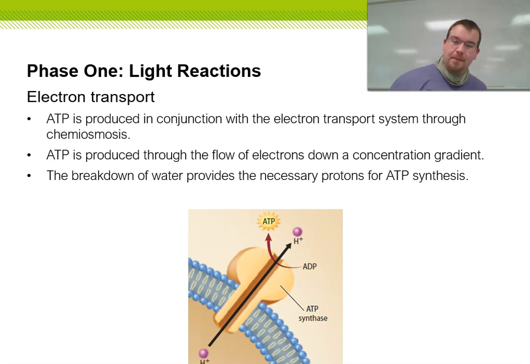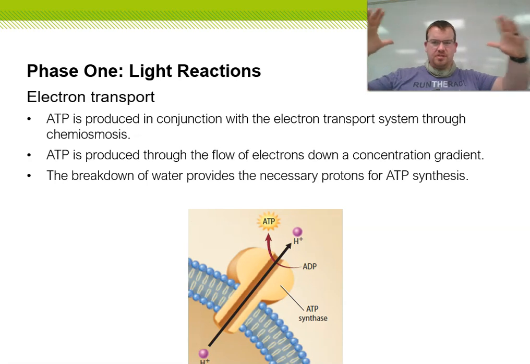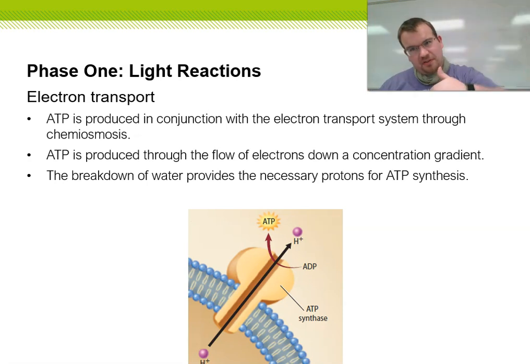And this is what I was talking about, that hydrogen ion concentration gradient. Remember when we talked about the ATPase pump? When we talked about them, it was all about building this huge concentration gradient so that it would naturally flow and things could flow with it. Because we built up that hydrogen ion concentration gradient on the inside here, we can have another electron transport taking place in conjunction with it through chemiosmosis.